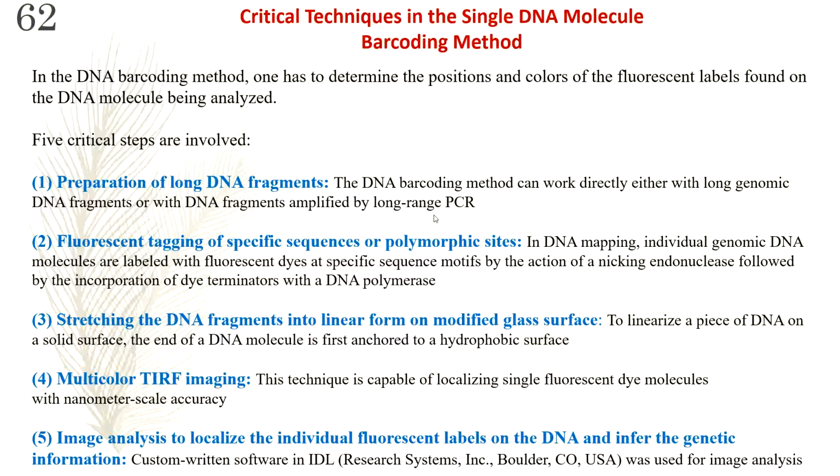Okay. And people have already developed several methods of stretching DNA molecules as short as 4 kb. And sometimes people use polyelectrolyte multilayer modified glass surfaces for this purpose, and this is known as the PEM glass surface. Okay.